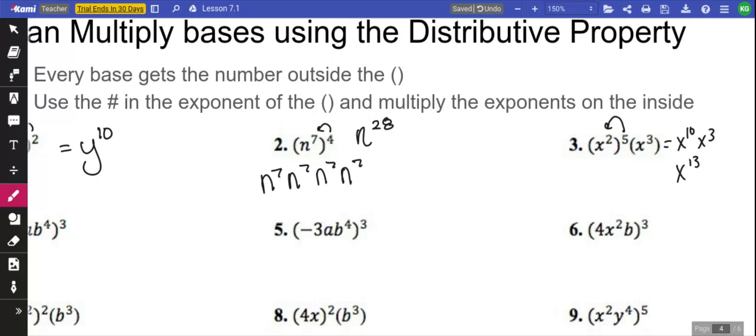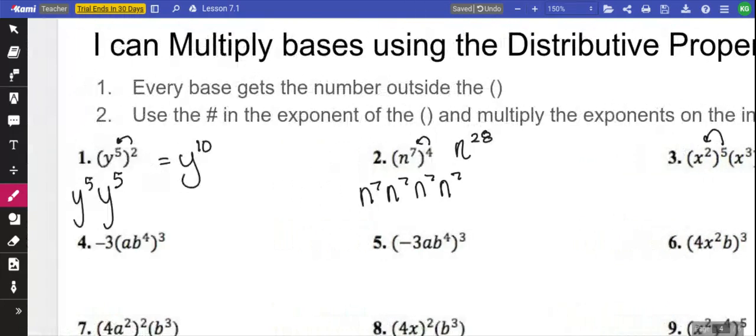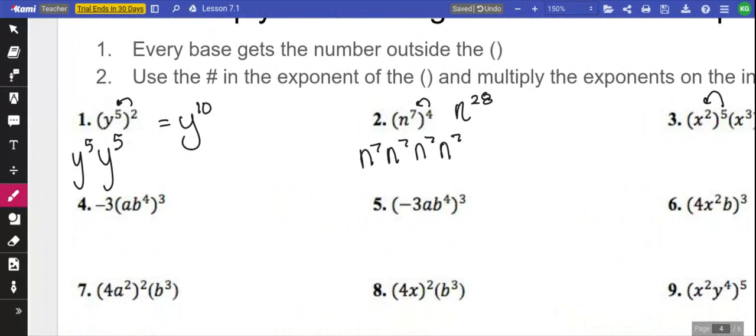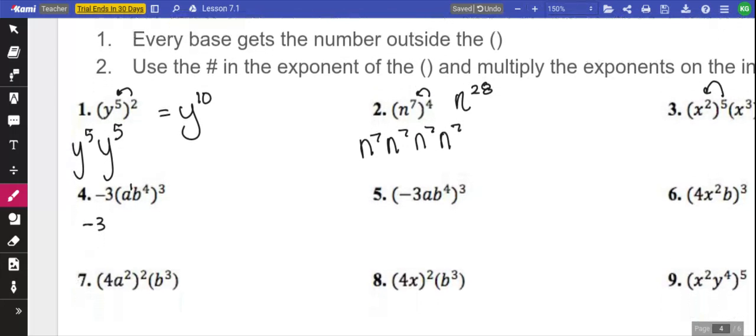So now that I'm done distributing and I'm just combining them, it's going to become x to the 13th. On this one, I'm going to give the a 1. The coefficient is on the outside of this parenthesis, so it is not going to get distributed to. So I'm only going to distribute the 3 to what's inside the parenthesis. So it's going to become 3 to the third, a to the third, b to the 12th.